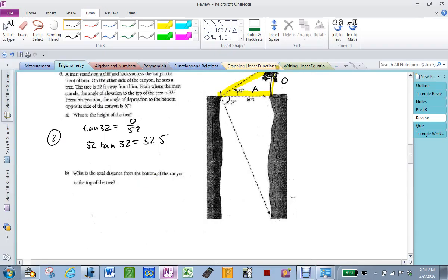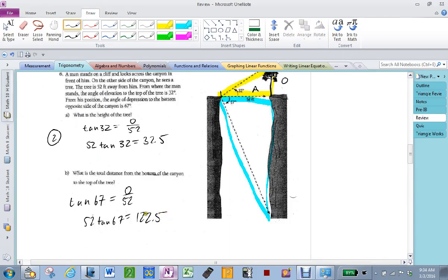Total distance from the bottom of the canyon to the top of the tree. That's this one. Right? So that's tan 67 equals opposite O over 52. 52 tan 67 gets me, what was it, 122.5?